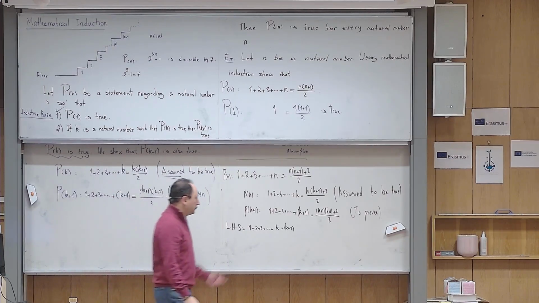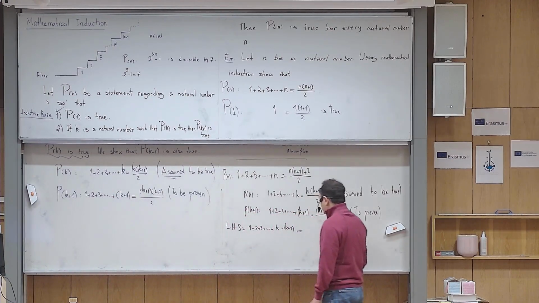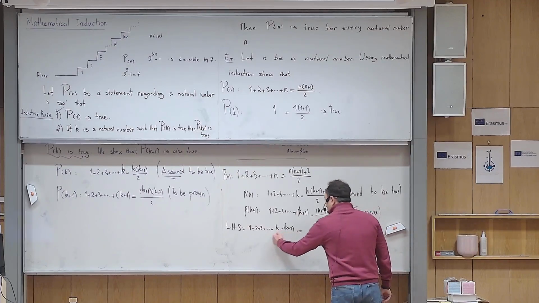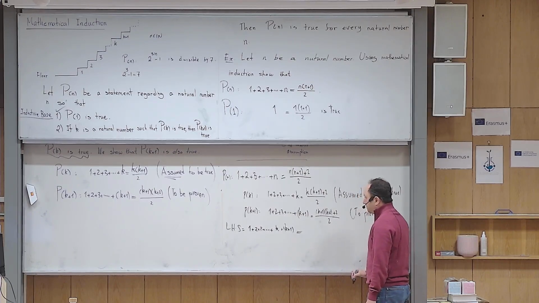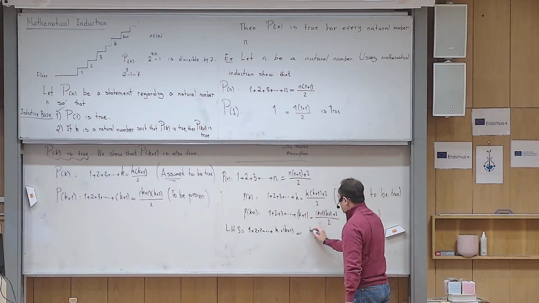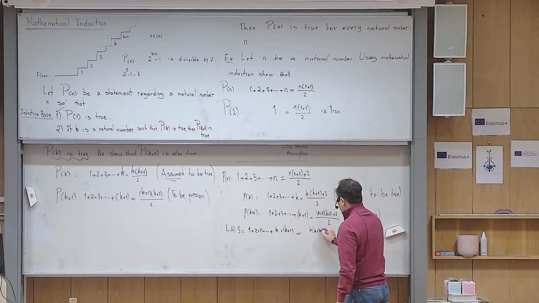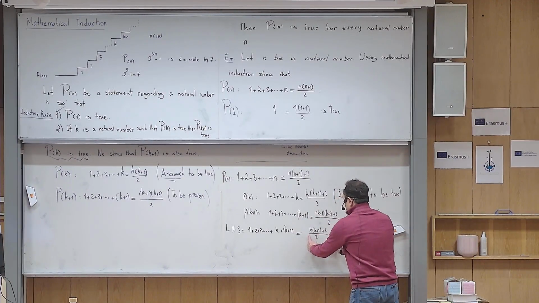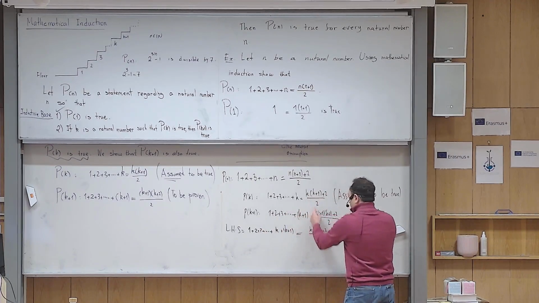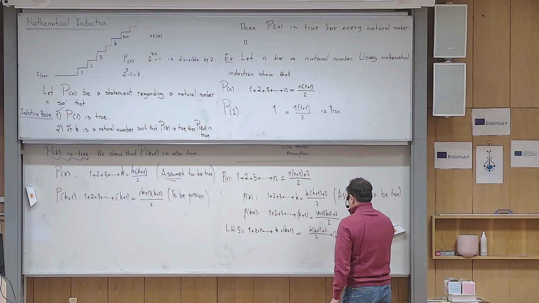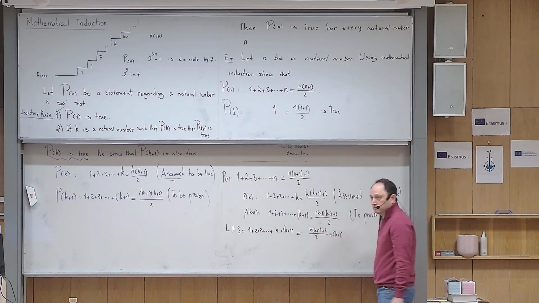Okay? And then this time, what do you think he will do? He will take this part off and put what inside? Put P of k, this one. Yes? So it is k times k plus 1 divided by 2 plus 2. This is what he is able to put instead of here, because he has assumed that this is true, but then he realizes that he has to add this one as well.